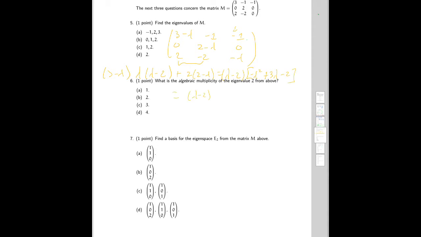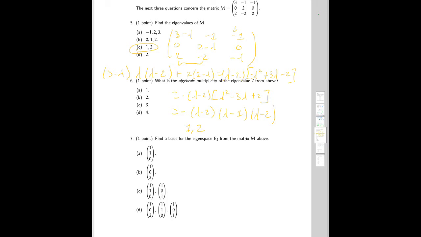Or this is lambda minus 2, factor out a minus sign, lambda minus 2 times lambda squared minus 3 lambda plus 2, or this is minus lambda minus 2. So this looks like it's lambda minus 1, lambda minus 2. Okay, so the eigenvalues are then 1 and 2. The eigenvalues are 1 and 2.